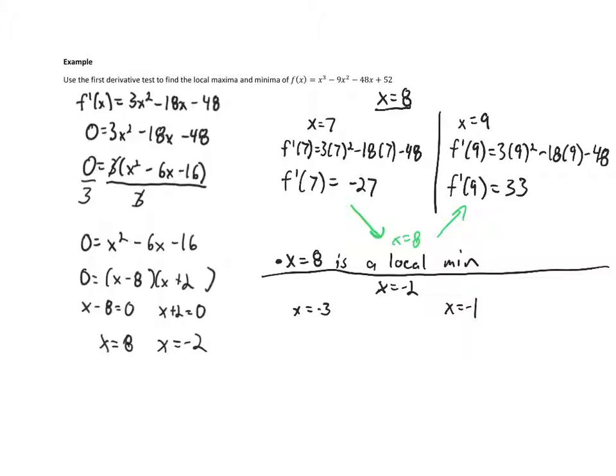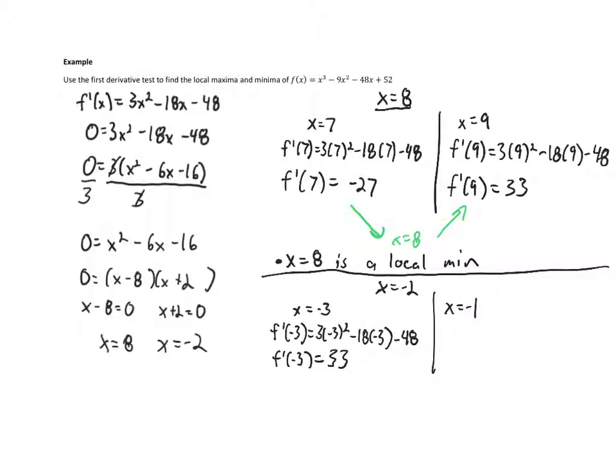And we're going to plug those into the first derivative and see what the slope's doing around -2. So f prime of -3 would equal 3 times -3 squared minus 18 times -3 minus 48. So f prime of -3 equals 33.